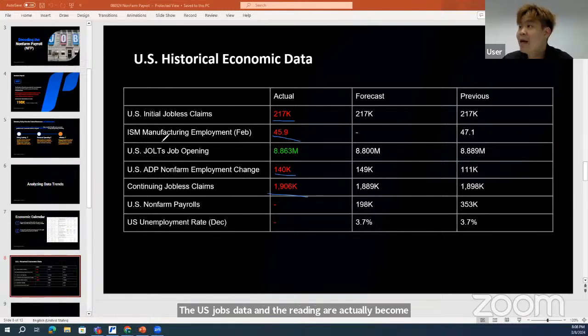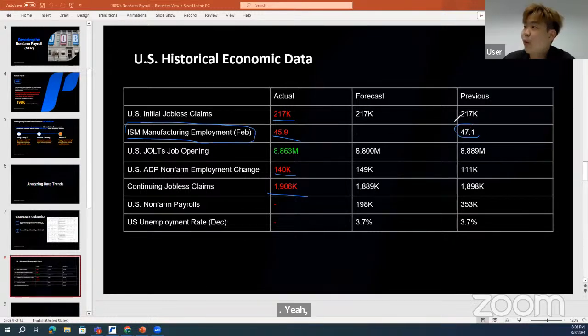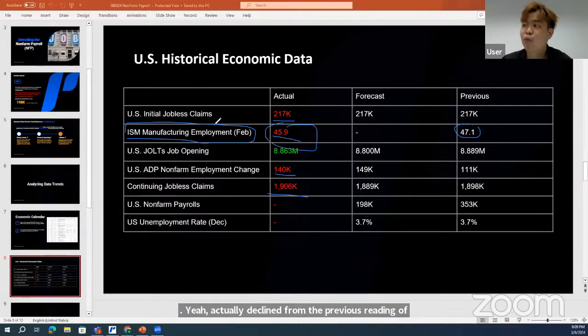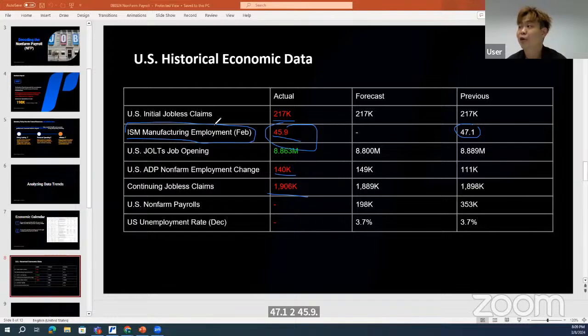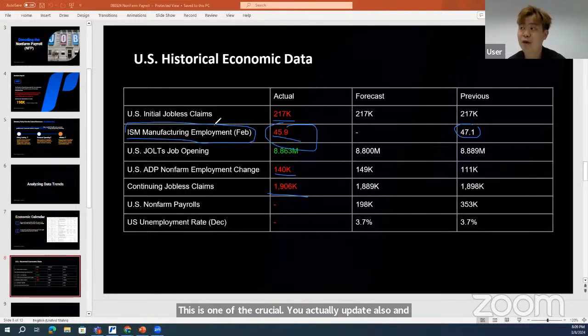ISM manufacturing employment declined from the previous reading of 47.1 to 45.9. This is also one of the crucial US jobs data indicators. And JOLTS is better than expectations, meaning more and more people are hiring in the US. But you can notice another predictor for the NFP, the US ADP non-farm employment change. This is one of the crucial data.